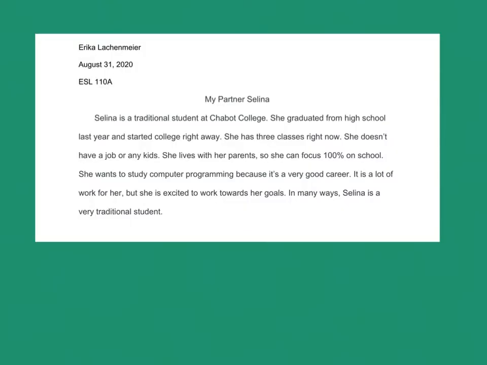Let's take a look at this example paragraph for a moment. Selena is a traditional student at Chabot College. This is what we call a topic sentence.